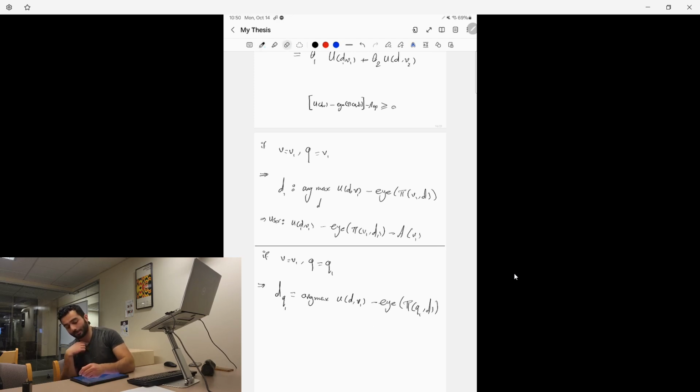And then the user's utility will be... And this should be non-negative, by the way.